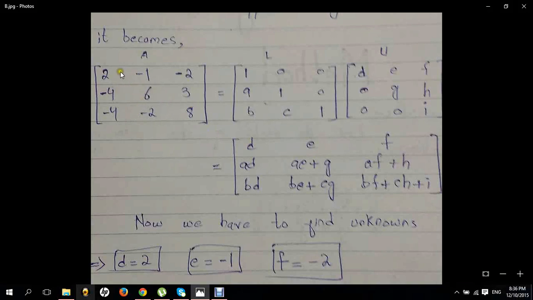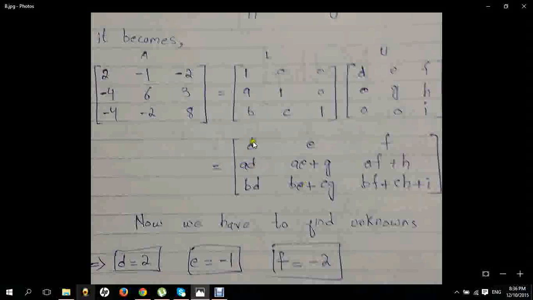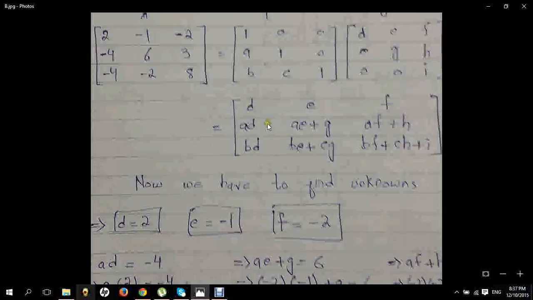So first of all, you can see the first element of matrix A is 2, and here the first element of our multiplied lower and upper triangle matrix has an element D. So we will make them equal, first element of matrix A and first element of the multiplied matrix. So it becomes D is equal to 2.